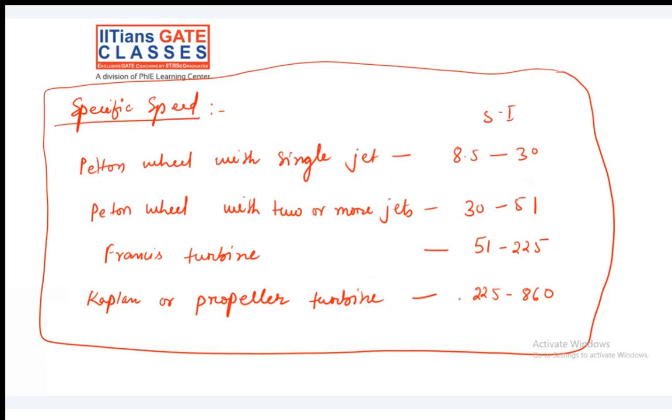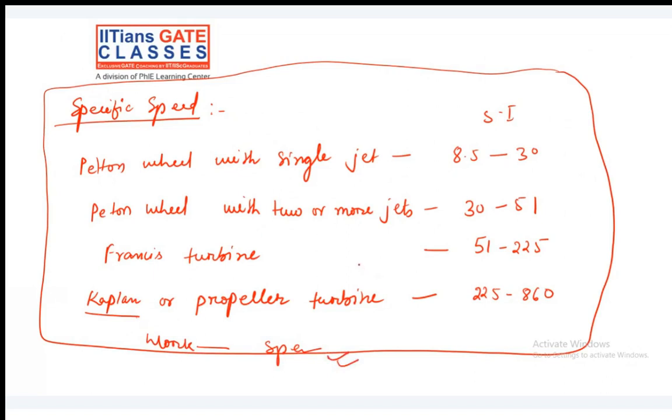Multiple select questions are appearing, right? For example, for a Kaplan turbine, the question may say the working head is below this and the specific speed is this. Questions can appear as a jumble of these two.